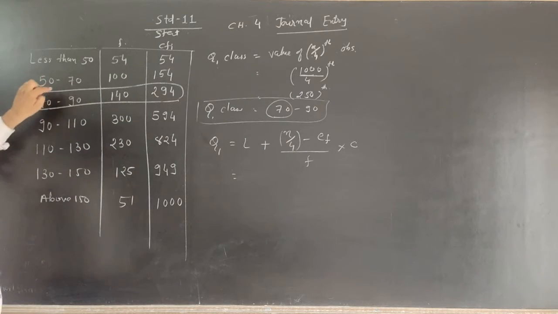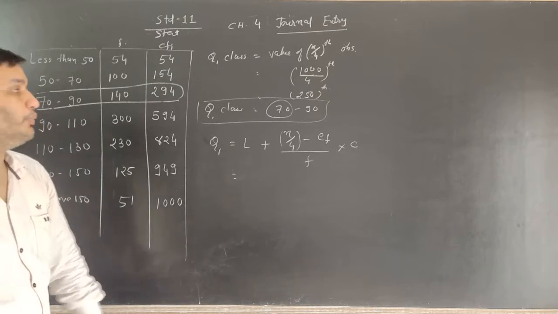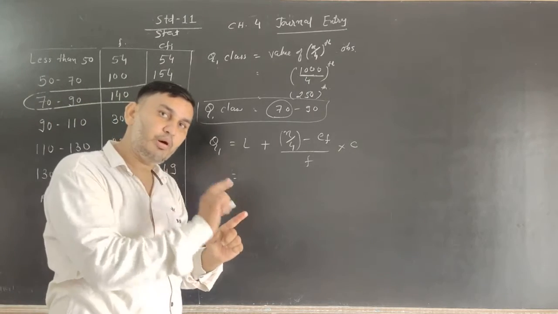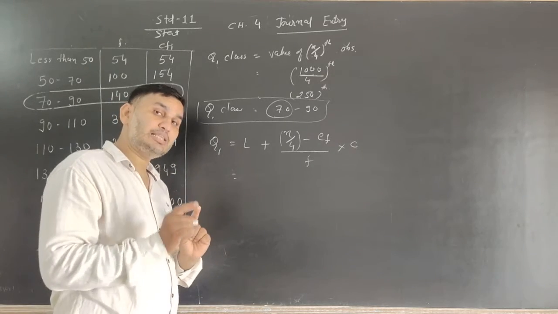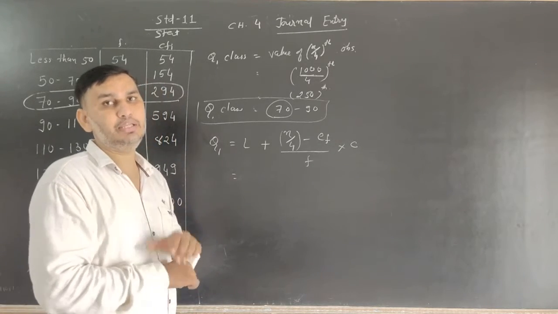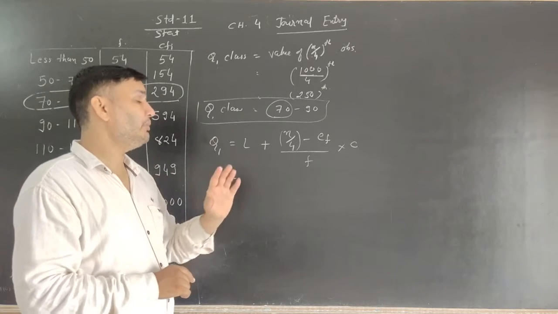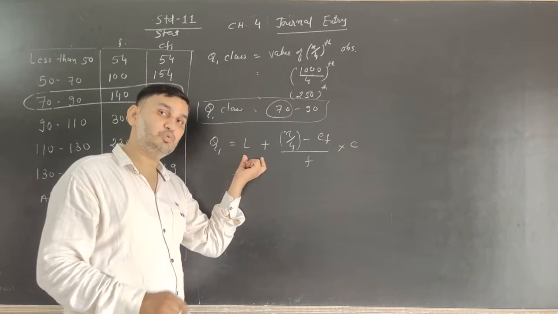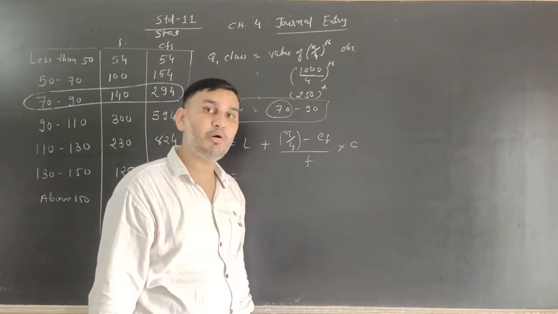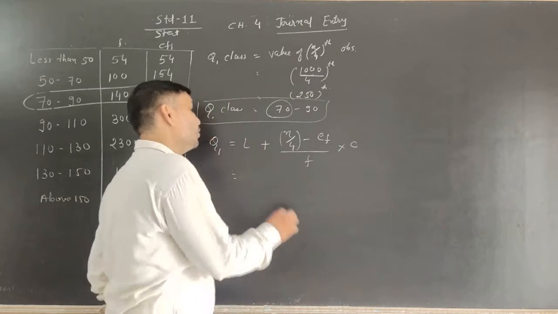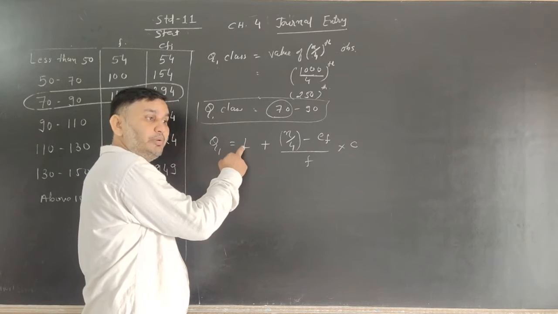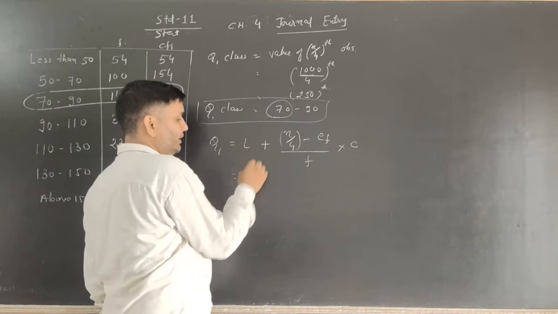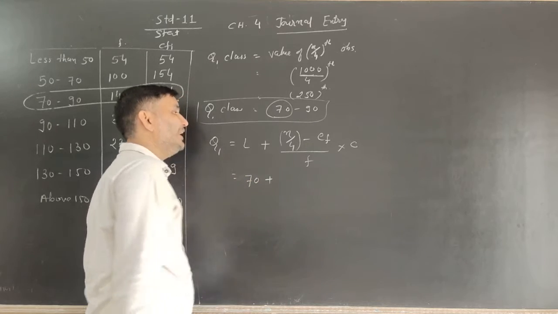Here the class is exclusive, so the lower limit and lower boundary point are the same. If the class is inclusive, we have to find the lower boundary point. Keep in mind, sometimes students make mistakes writing the lower boundary point and the lower limit, so be careful. L is not the lower limit but the lower boundary point, which is 70.